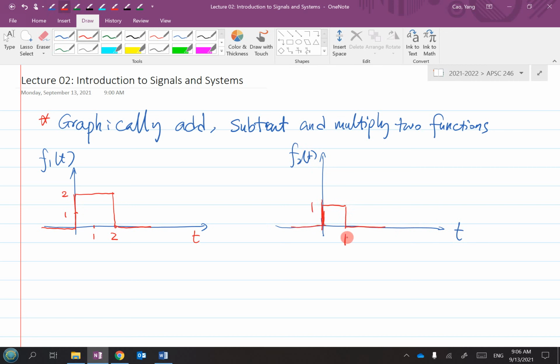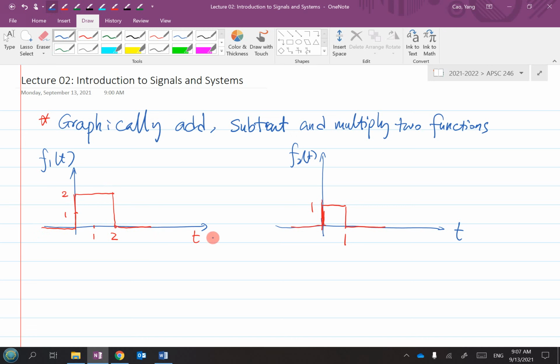So that's the second one, f2 of t. So let me explain a little bit what the rectangle box here is. Okay. So I draw the red one representing this function over the traditional t coordinate system.